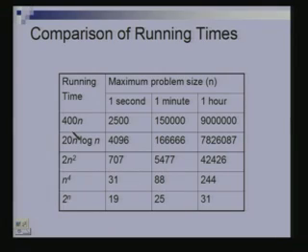This is just one slide that I put up to show what the difference between these functions is like. So suppose I have algorithms whose running times are like 400 n, 20 n log n, 2 n square, n to the 4, 2 to the n. Here I list out what is the largest problem size you can solve in 1 second, 1 minute, and 1 hour.